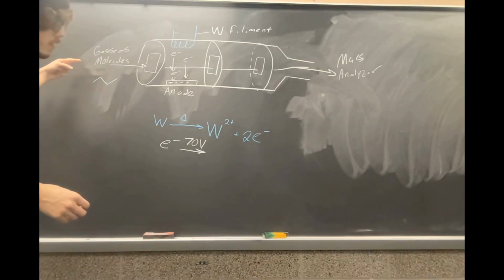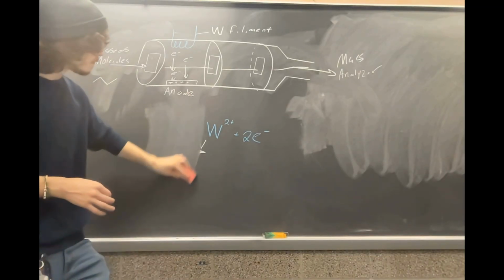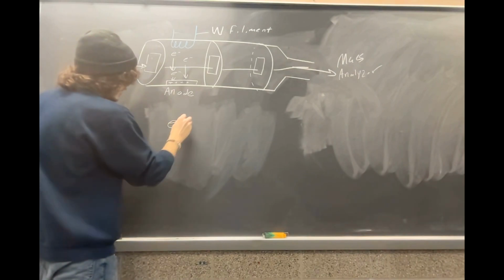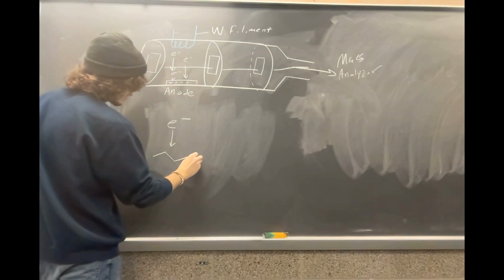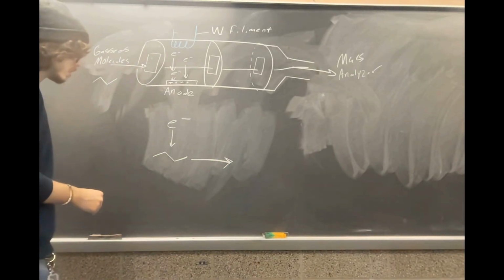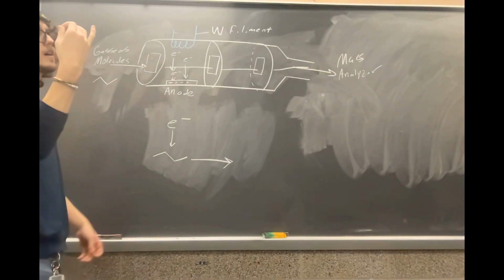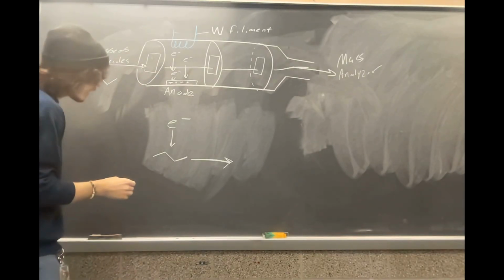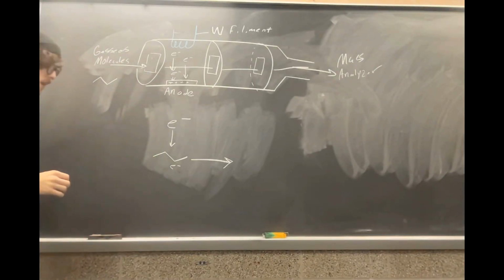I'm going to erase this if that's okay. I need to make some room to describe what's happening. We have electrons bombarding the flow of molecules, which is going this way, so they make a right angle to each other. If these electrons have enough energy, they're going to get so close. Let's say there's an electron hanging out in an orbital, maybe right here.